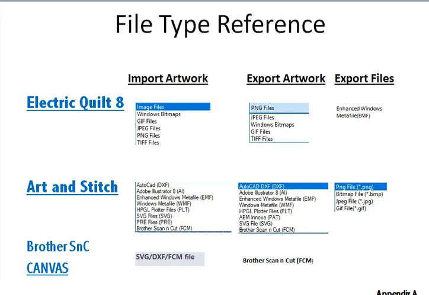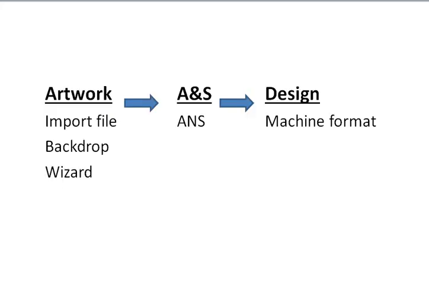The artwork used to create designs in Art and Stitch can either be brought in by importing, using the artwork as a backdrop, or coming in through a wizard tool, and the wizard actually creates design automatically.